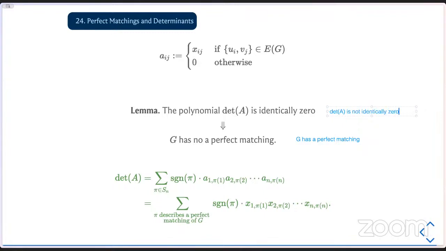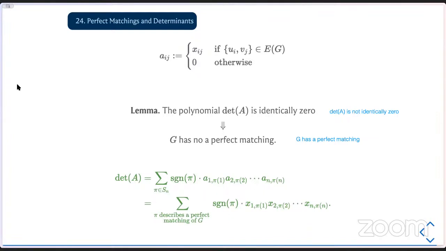And to show that a polynomial is not identically zero, it's enough to produce one valuation. It's enough to demonstrate one set of values that your variables can take for which the polynomial survives, that is, it's not zero.